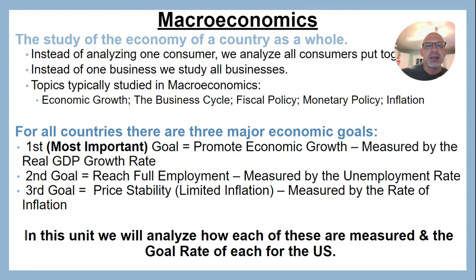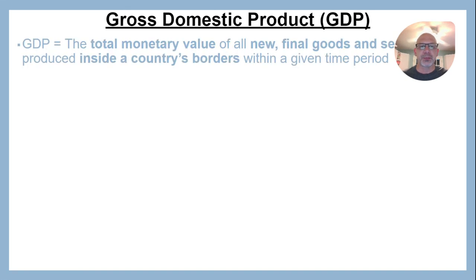So we'll be taking a look at the U.S., for example, as we get to know these economic indicators and the goal rates that show that we're hitting these goals within the U.S. All right, so real brief intro into the idea of macroeconomics. We're going to focus in on gross domestic product, which eventually will allow us to identify economic growth and if we're hitting our goals for economic growth within the U.S.